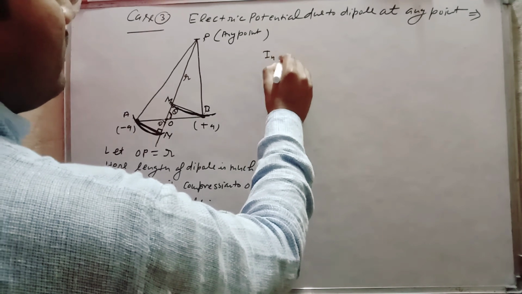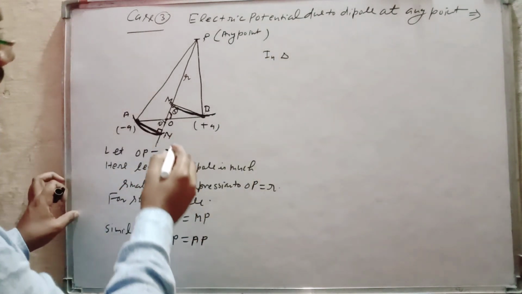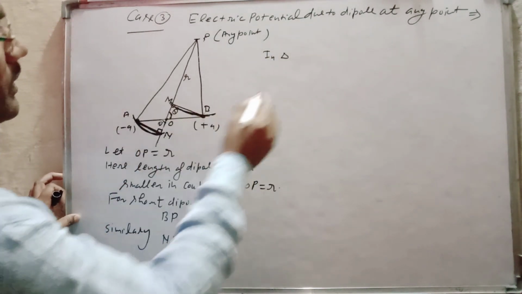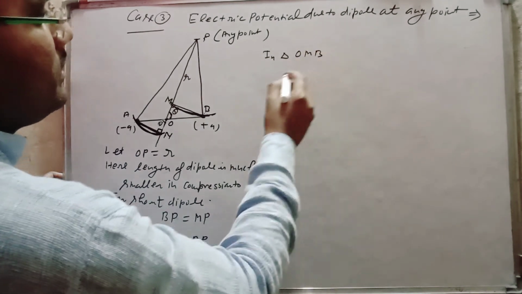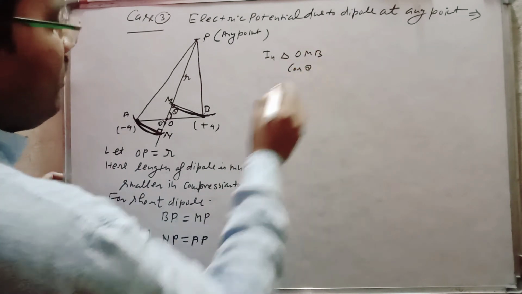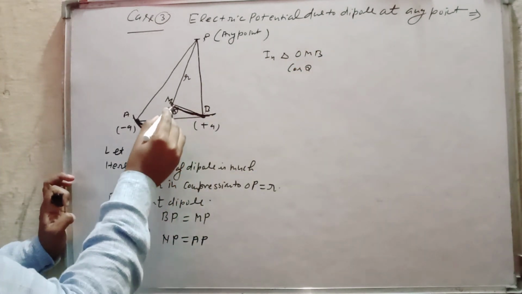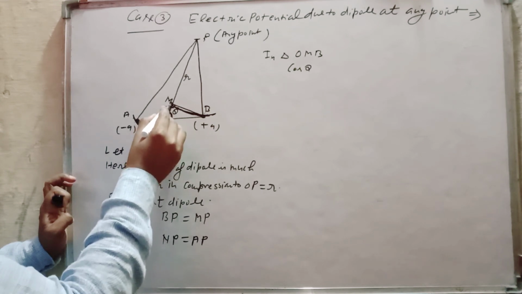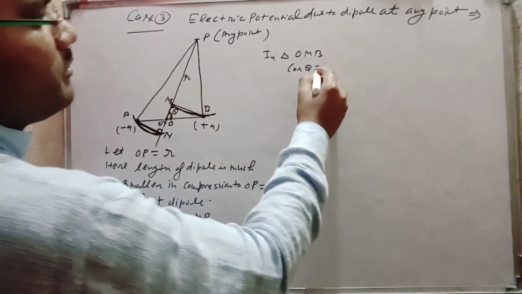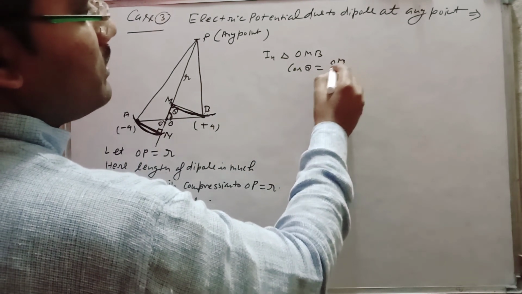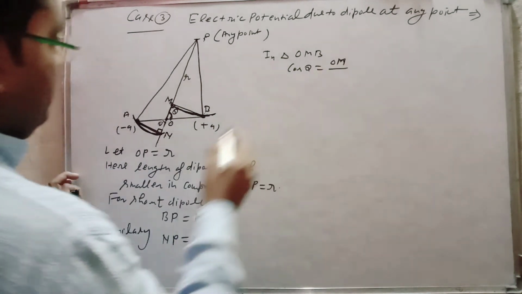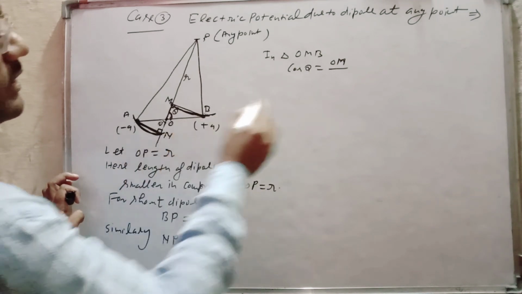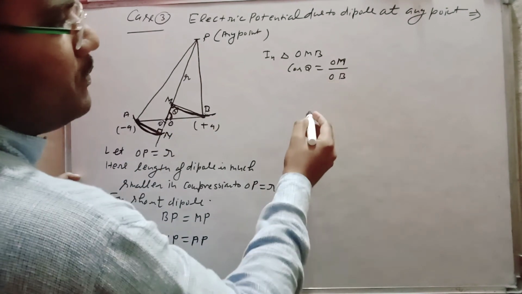In triangle OMB, now here we take cos theta. This one is theta, this one is 90 degrees, this is the base. That means OM divided by OB, OB is the hypotenuse.